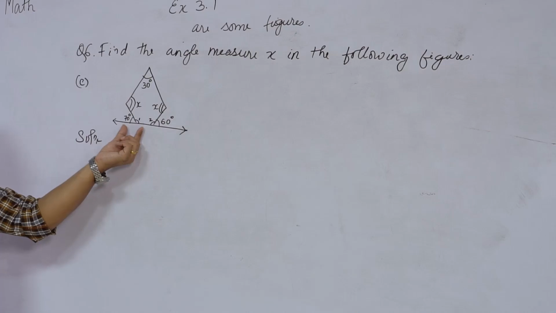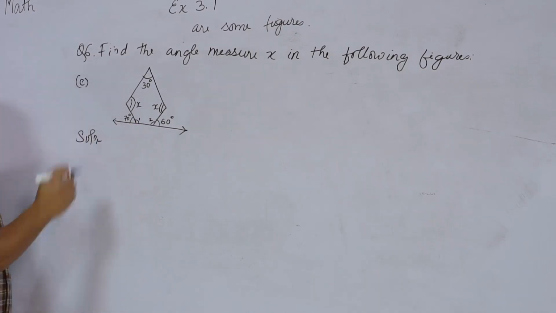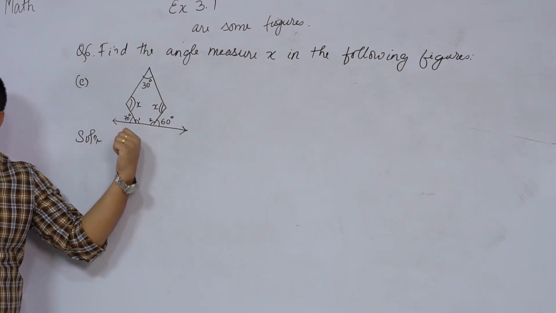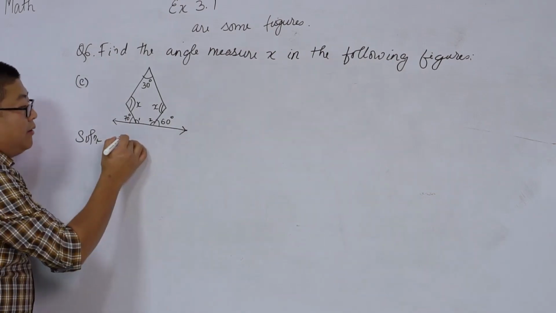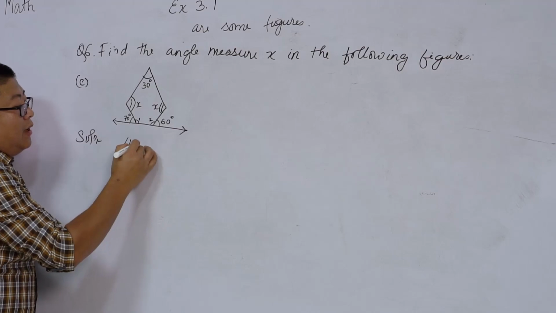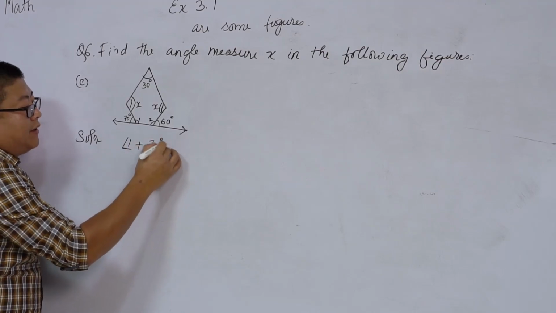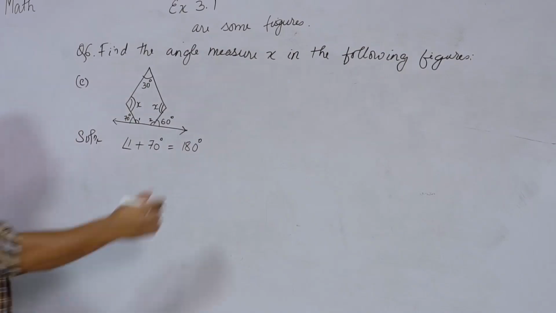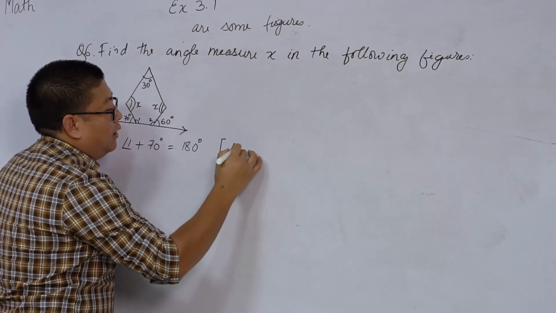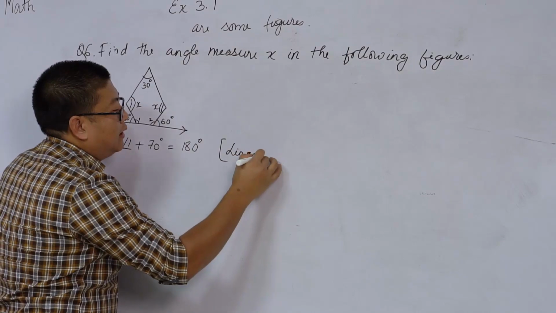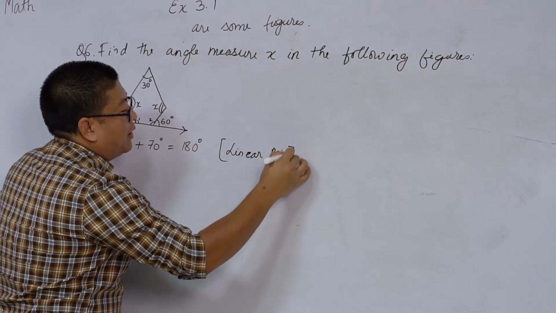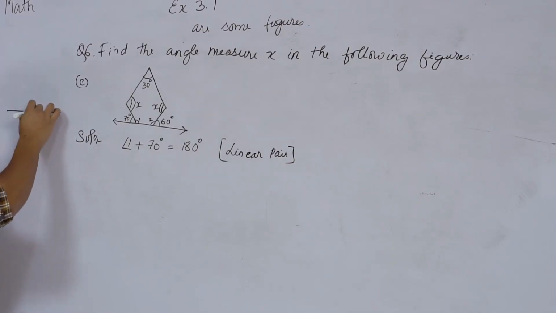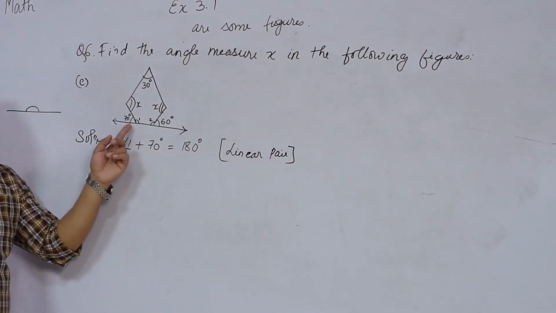Now, if you look at angle 1 and 70, we can clearly understand that they are forming a linear pair. That means angle 1 plus 70 degrees should give you 180 degrees, because in simple words, a straight line is 180 degrees.